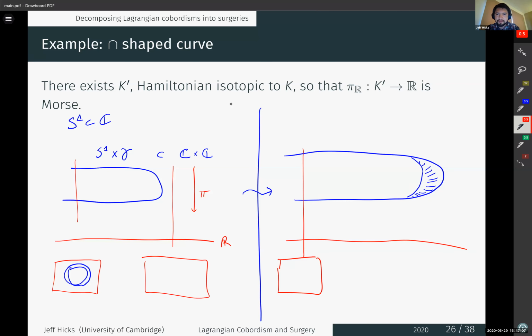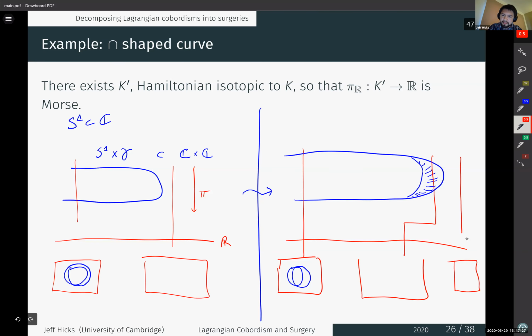Right. So we now have three different kinds of slices. This slice looks the same. It's roughly two circles stacked up on top of each other. The slice on the right is again empty, but now there's an interesting intermediate slice, which is a figure 8, obtained by taking these two circles stacked up on top of each other and applying surgery to one of the self-intersection points.